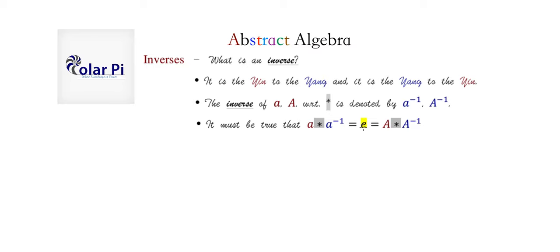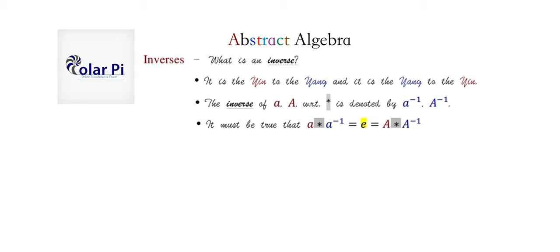So a to the minus 1 combines with a, with respect to the binary operation, to take the combination to the identity element. That's what we mean by an inverse in the most broad sense.